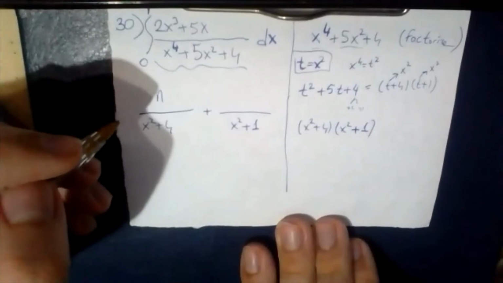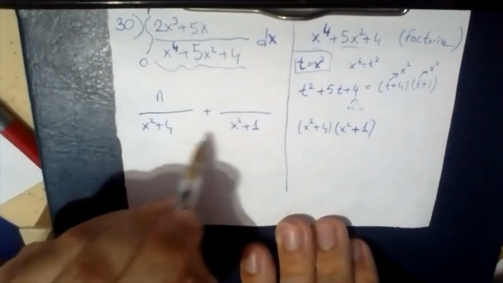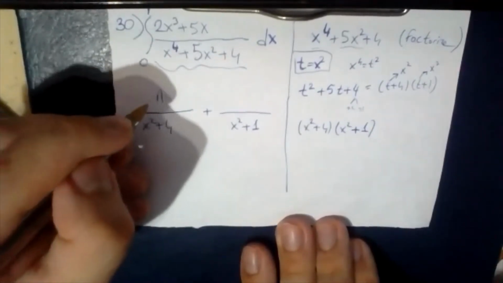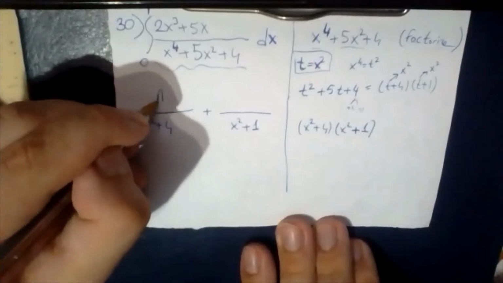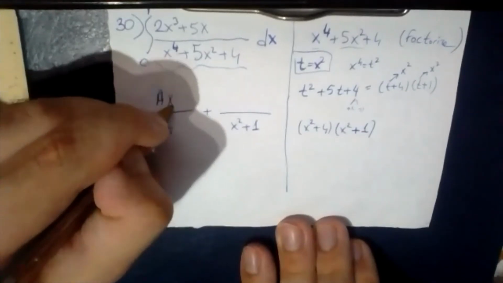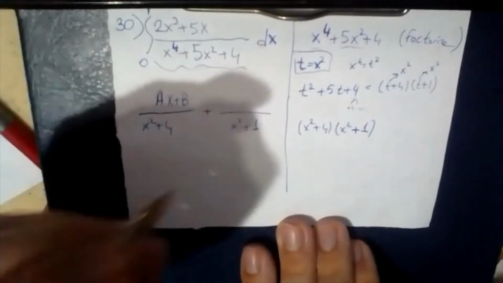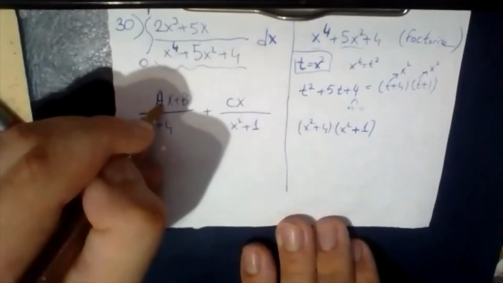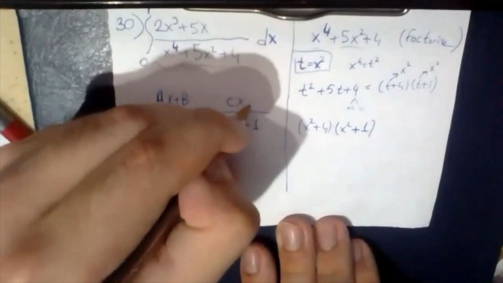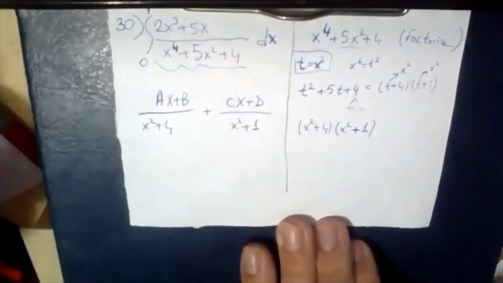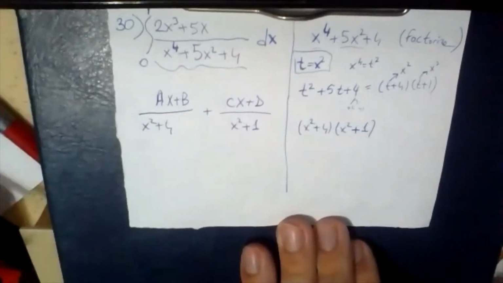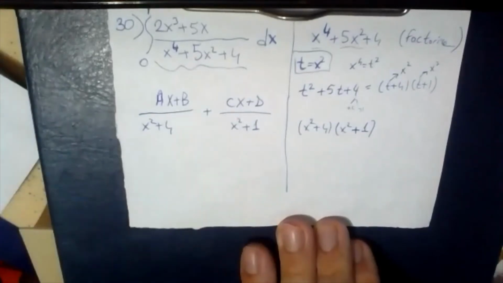But since these polynomials are degree 2, in the numerators there won't be only scalar numbers, but general polynomials of degree 1. So something times x plus a constant number, and something times x plus a constant number. We decompose it this way.